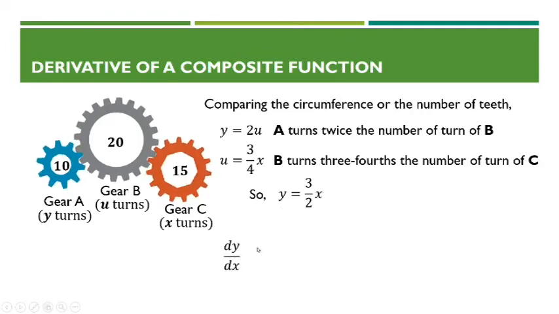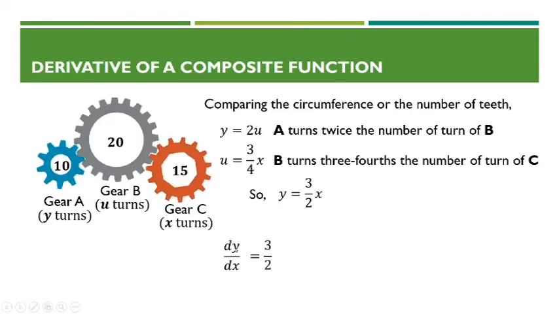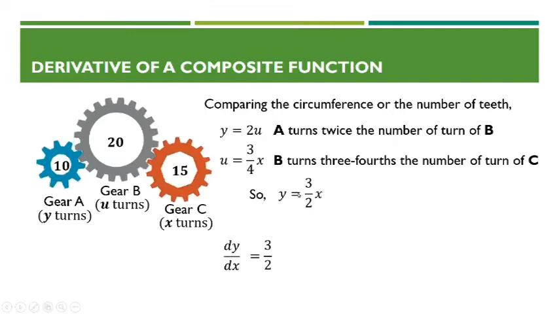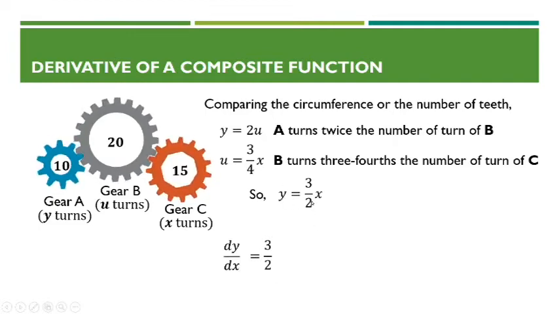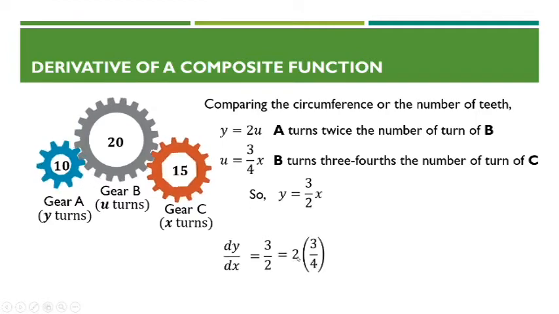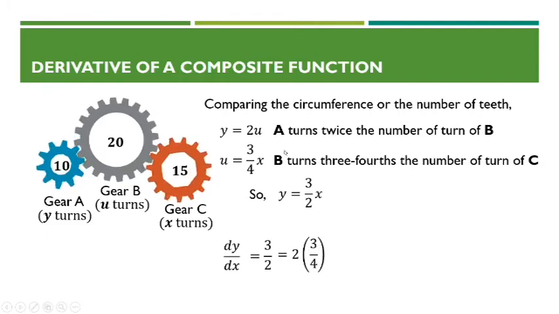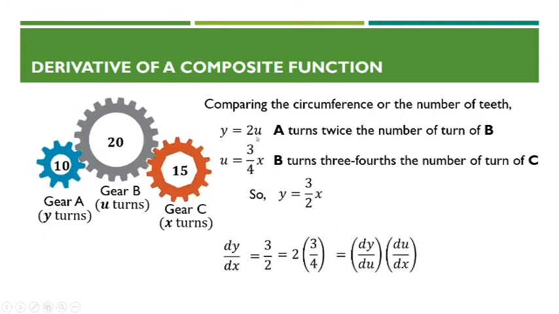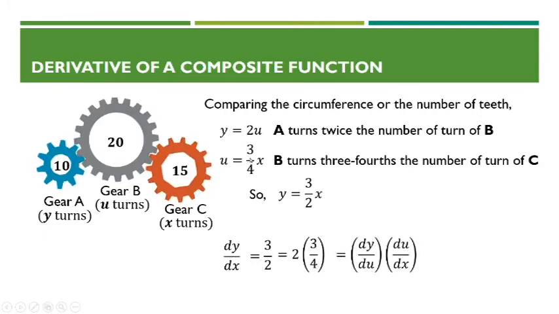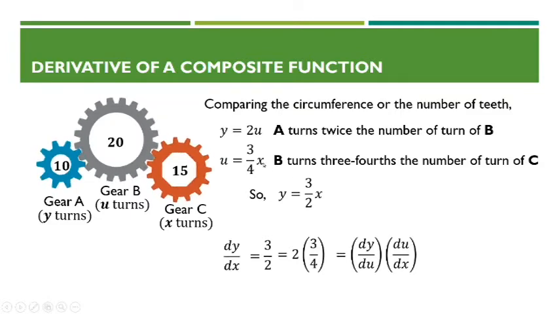According to the definition of the derivative, dy over dx is equal to 3/2. So the derivative of y in terms of x is 3/2 lang. Yung constant multiple is equal to 2 times 3/4, which is yung 2 is the derivative of y in terms of u, and yung 3/4 is the derivative of u in terms of x.